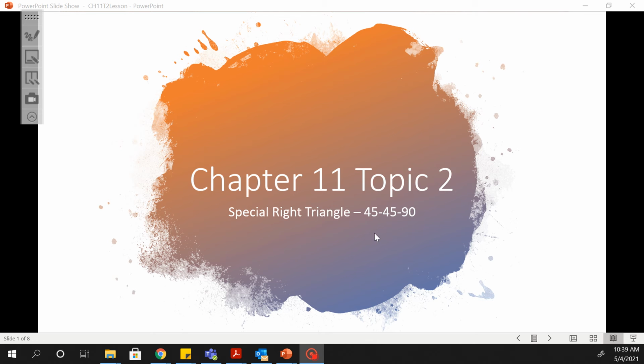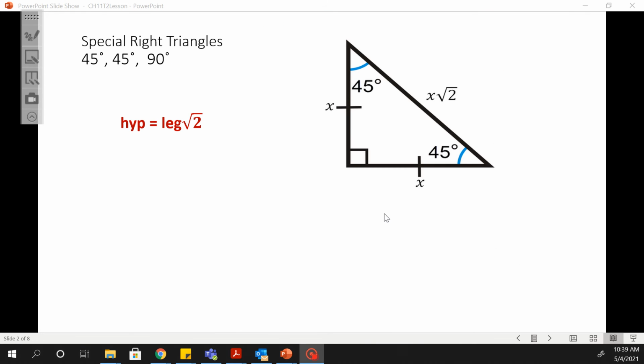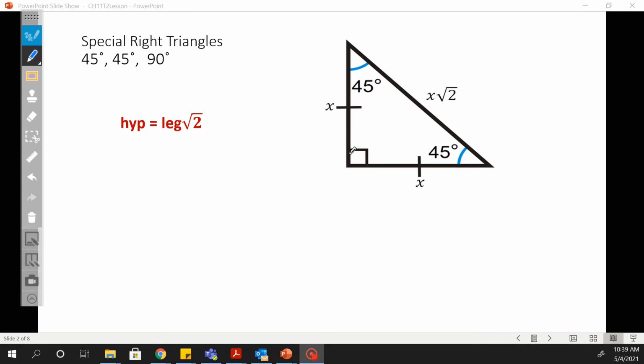The first type we're going to be looking at is a 45, 45, 90 triangle. This is a right triangle specifically, so it has a right angle, where the other two angles are 45 and 45. The side lengths and the hypotenuse all follow a specified pattern.